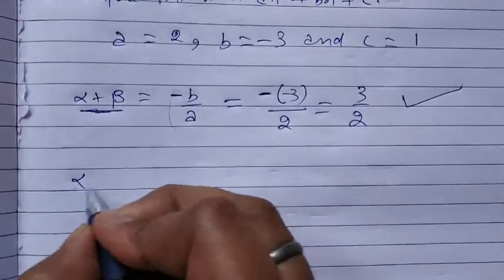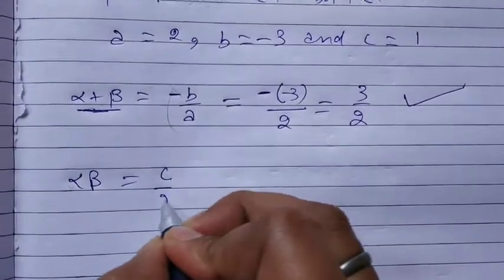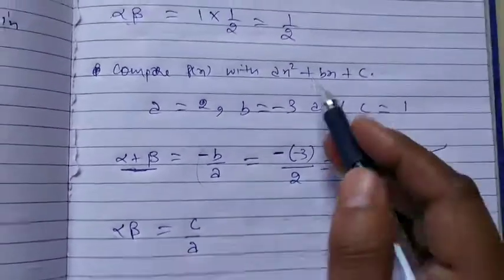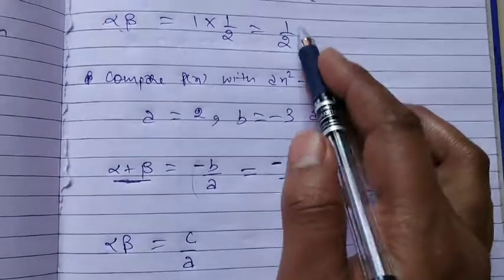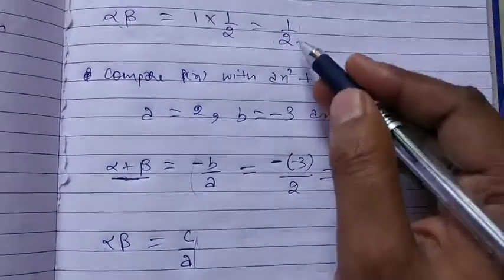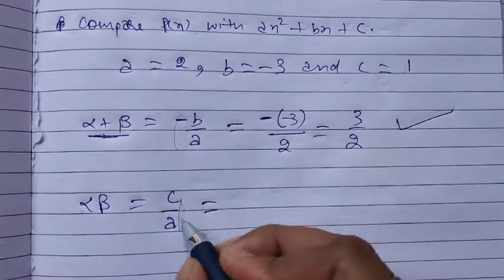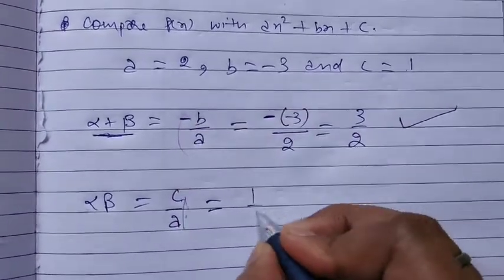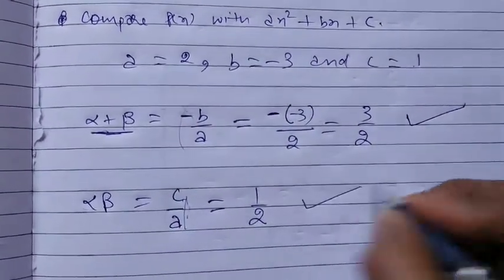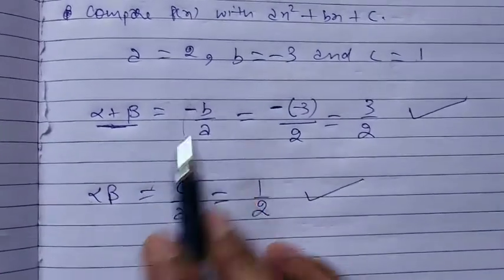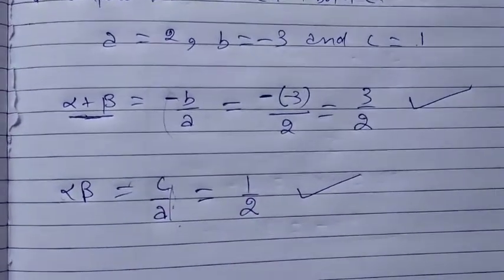So this relationship is verified. Now the product alpha beta, we know this is equal to c by a, and we calculated alpha beta as 1 by 2. So the value of c by a must be equal to 1 by 2. Clearly here the value of c is 1 and the value of a is 2, so this is equal to 1 by 2. So these two relationships of zeros and coefficients are hence verified.